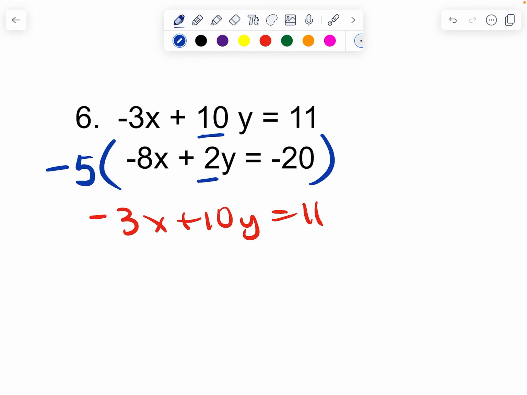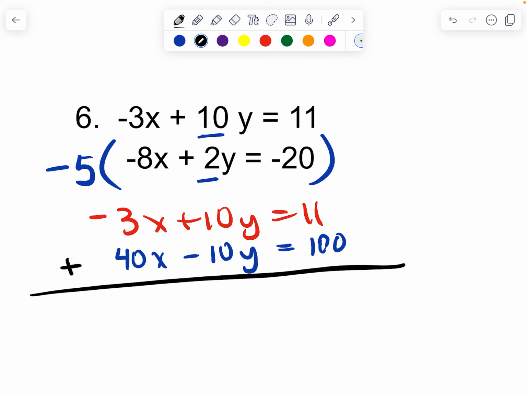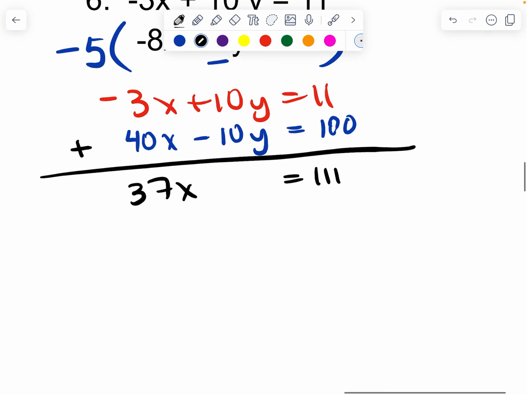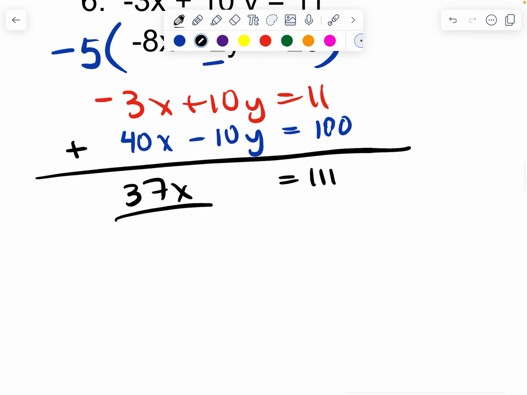Multiply the -5 through and get 40x minus 10y equals 100. And then I'm going to add straight down. That'll get me 37x equals 111. Divide by 37 on both sides and get x equals 3.